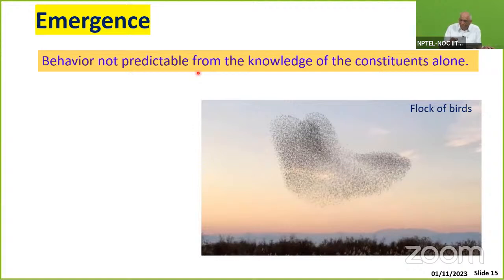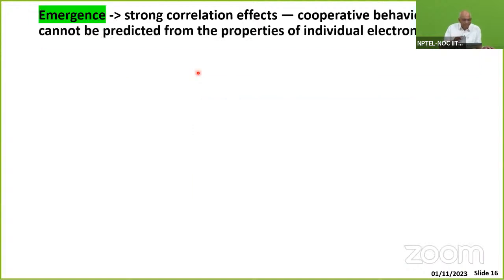So this cooperative behavior, correlating behavior, is what we call emergence. And lo and behold, the fundamental particles such as electrons in solids seem to exhibit this. Strong correlation effects give cooperative behaviors that cannot be predicted from the properties of individual electrons.